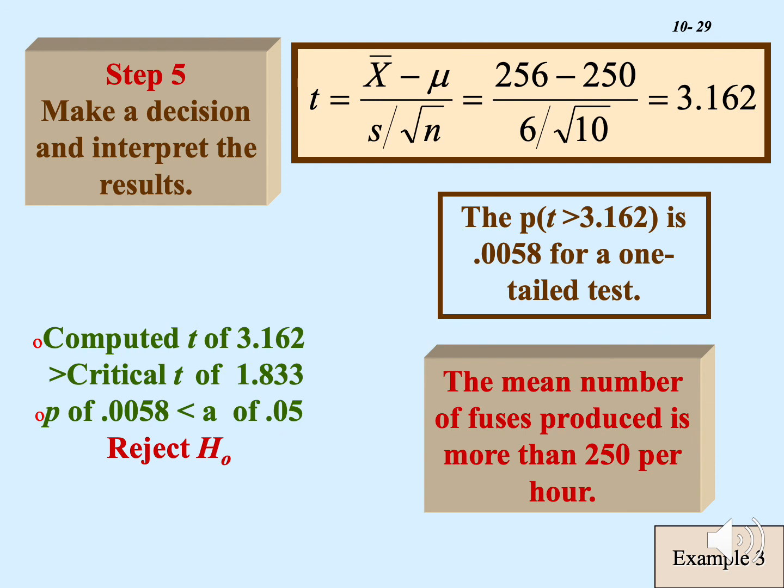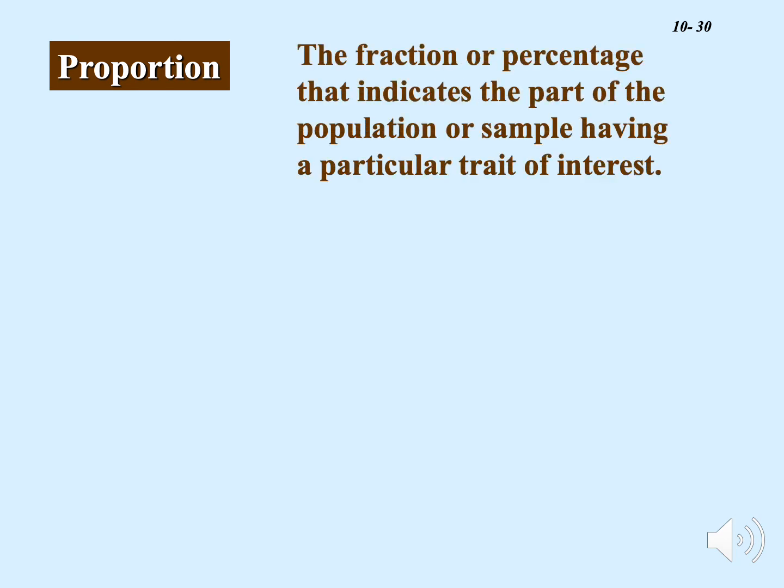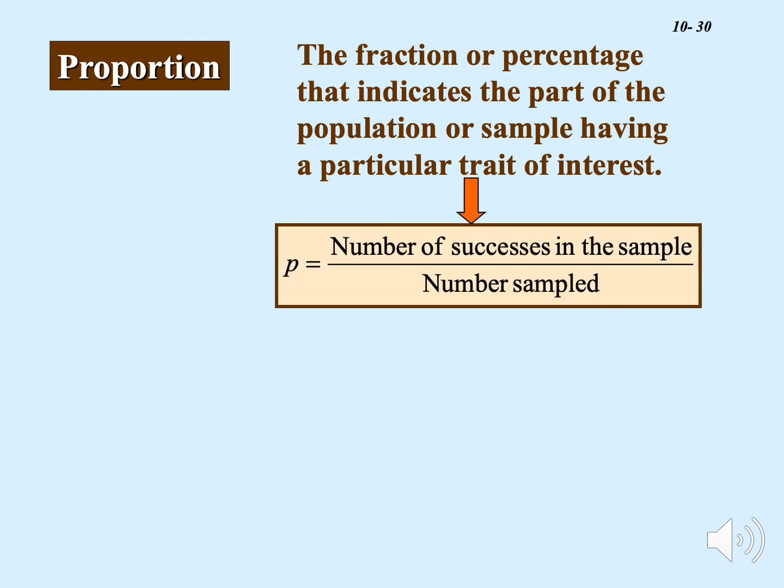Now let's move on to test on proportion. So proportion is a fraction or the percentage that indicates a part of the population or the sample having a particular trait of interest. So p is the number of successes in the sample over the number sampled.